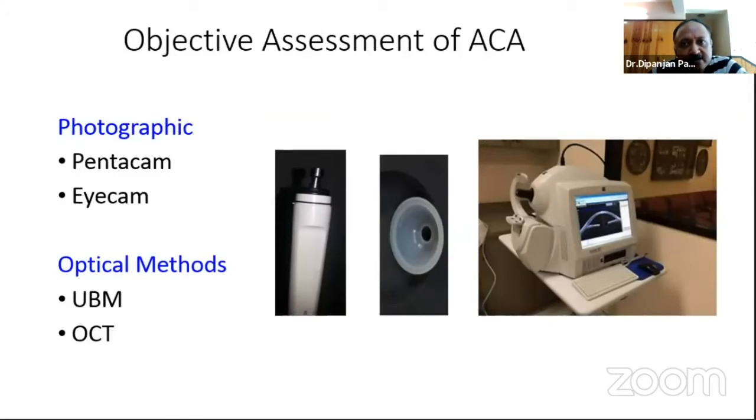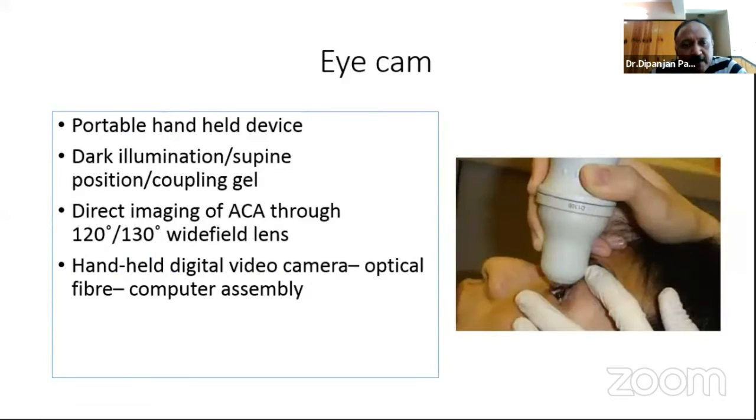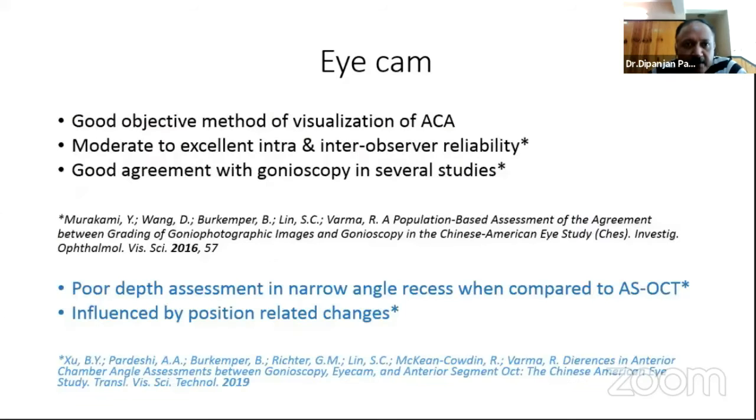So objective assessment of the anterior chamber angle can be done photographically by either Pentacam or ICAM, or optically by UBM or OCT. ICAM is a portable handheld device which, under dark illumination in supine position using a coupling gel, does direct imaging of the anterior chamber angle through a wide field lens, and the image is captured by a digital video camera and assessed on the computer.